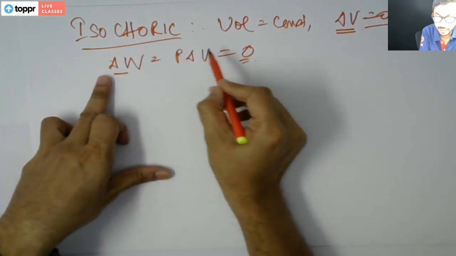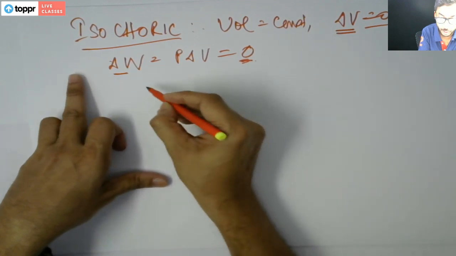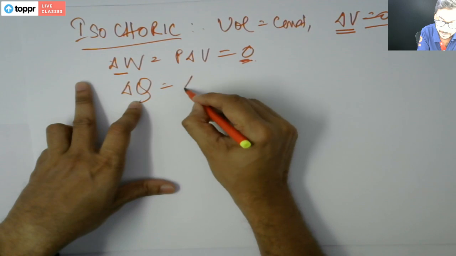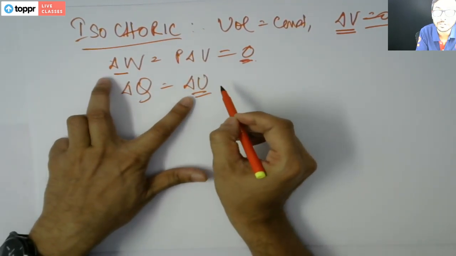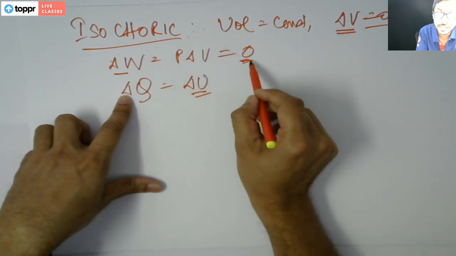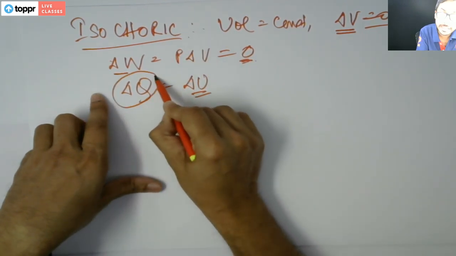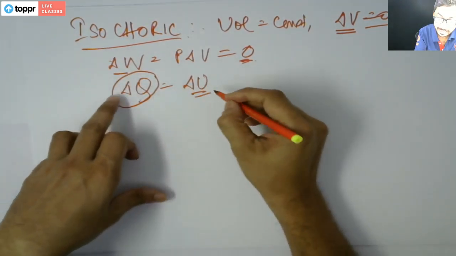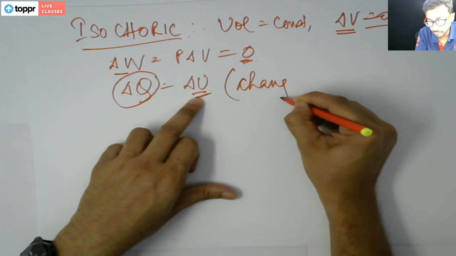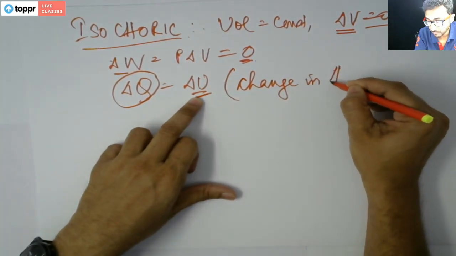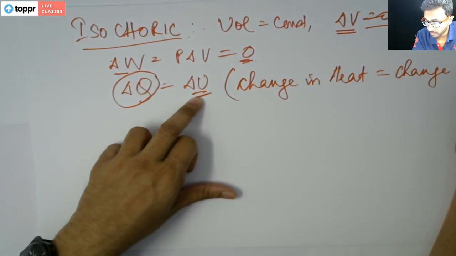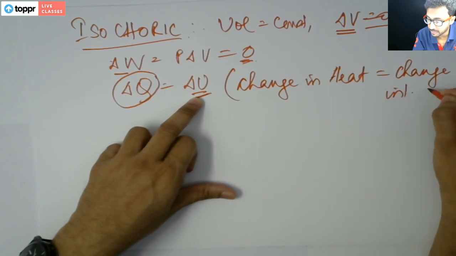So when the work done in an isochoric process is 0, what will be the heat? The heat will be nothing but the change in internal energy. That is, in an isochoric system, when the volume is not changing, the total heat will just change the internal energy.